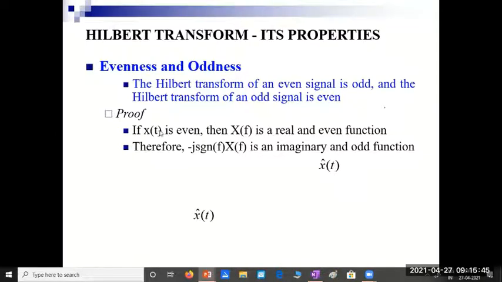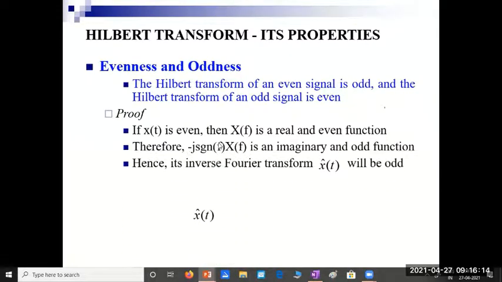If x of t is even, then its Fourier transform is a real function and it will also be an even function. But the Fourier transform of the Hilbert transform, x cap of t, which is given by minus j signum of f into x of f, will become imaginary and odd, because minus j makes it imaginary and signum makes it odd.